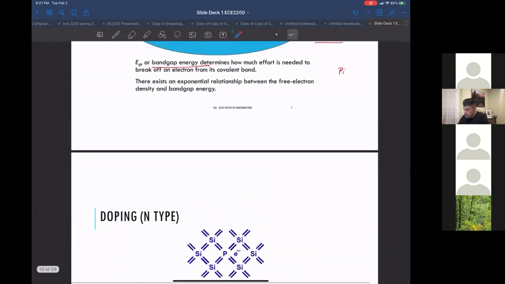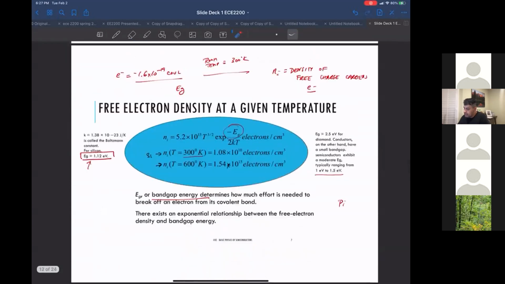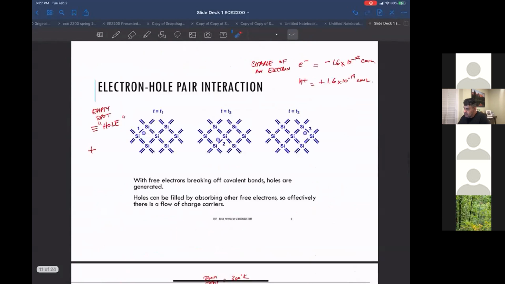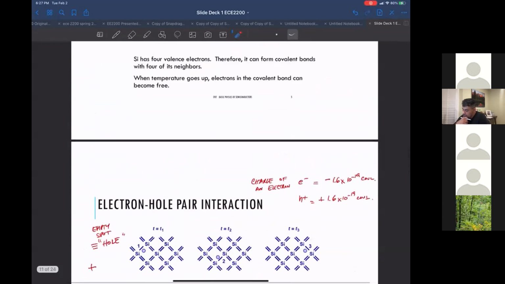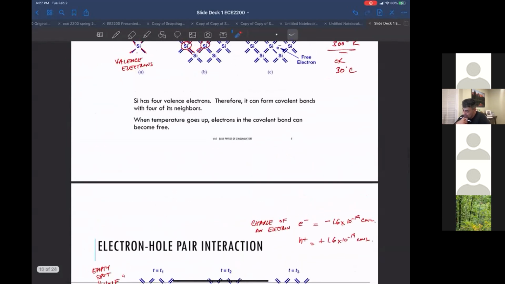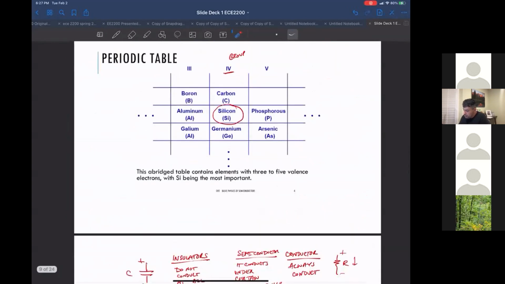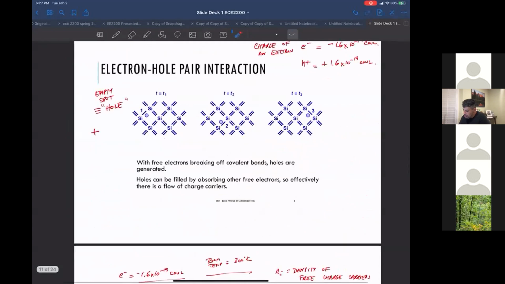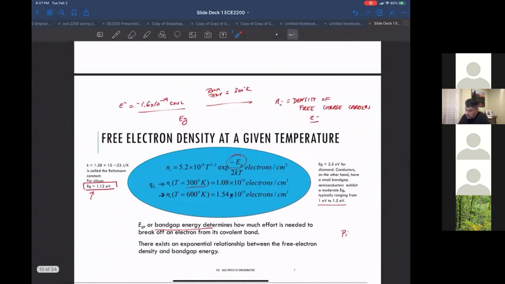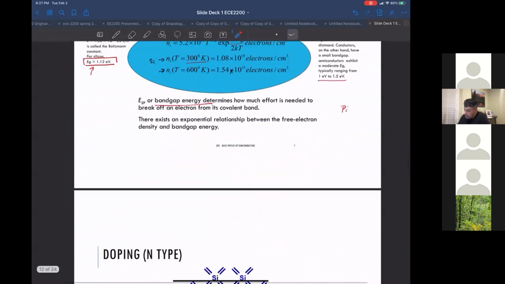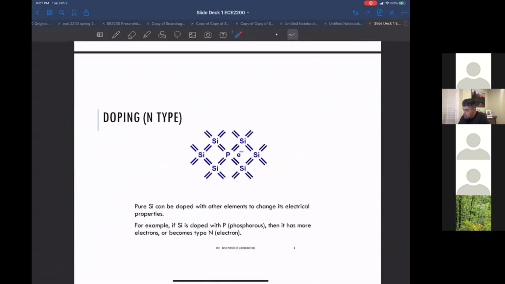Okay, so the other thing that affects the density of charge carriers in a semiconductor is your structure. Your crystalline structure does not have to be all silicon. If somehow you manage to put in some other type of atoms that were different than silicon, you could still affect the density of these charge carriers.